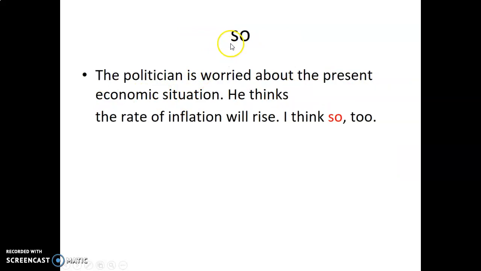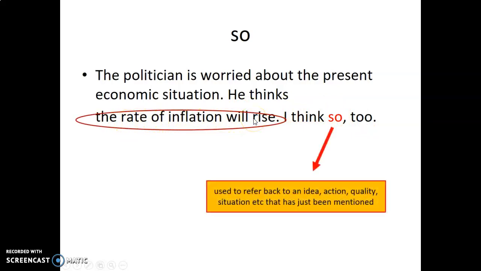So is another reference. Look at this example. The politician is worried about the present economic situation. He thinks the rate of inflation will rise. I think so too. So refers to the fact that the rate of inflation will rise. So what does so mean?